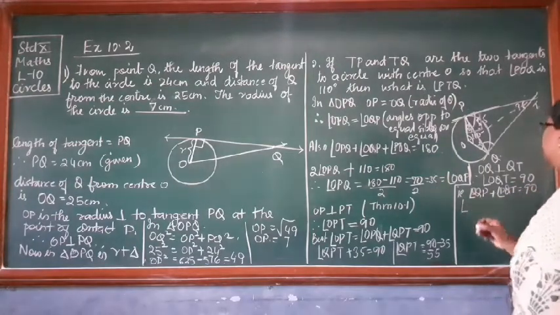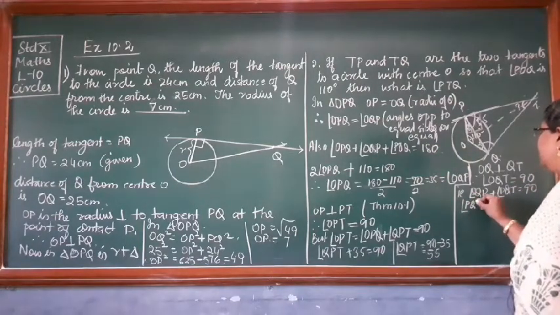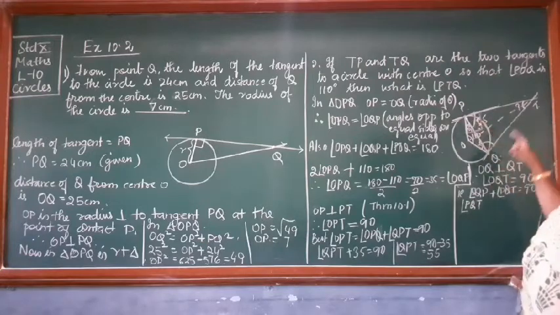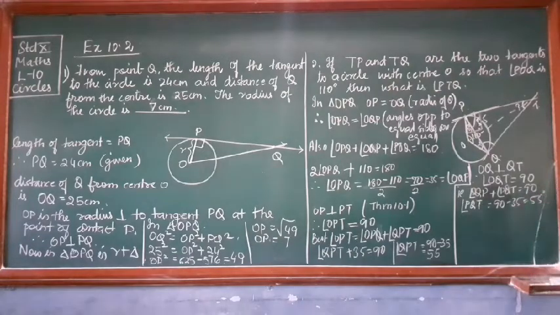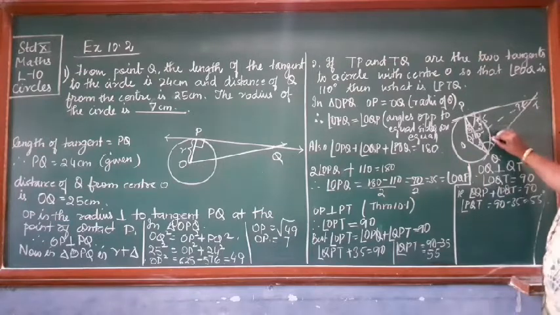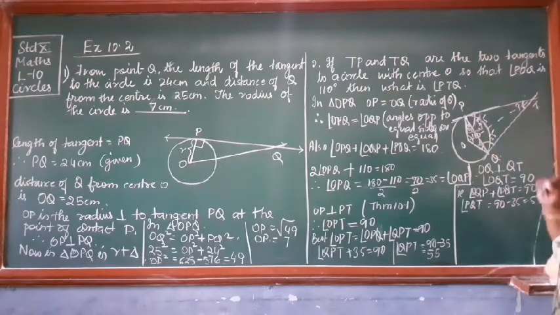So angle PQT will be equal to 90 minus 35, which is equal to 55 degrees. ठीक है, तो हमें यहाँ पे ये एंगल भी 55 मिल गया, ये एंगल भी 55 मिल गया. अभी हम ये एंगल फाइंड कर सकते हैं.